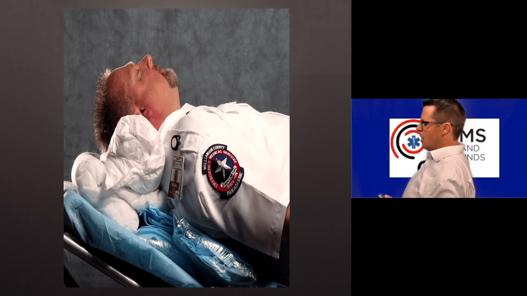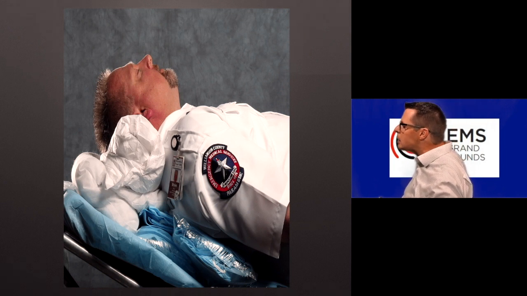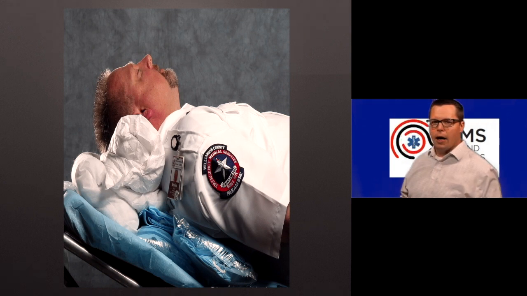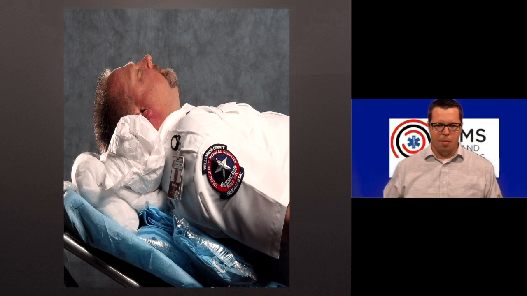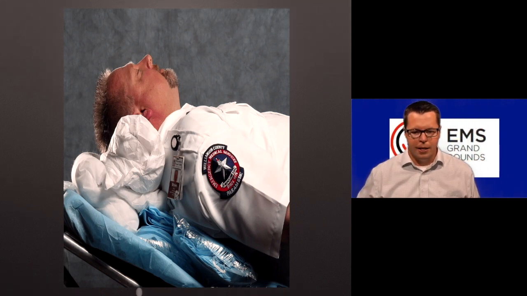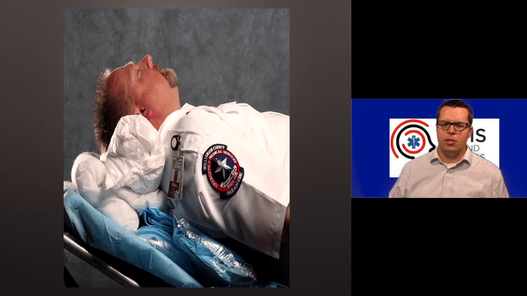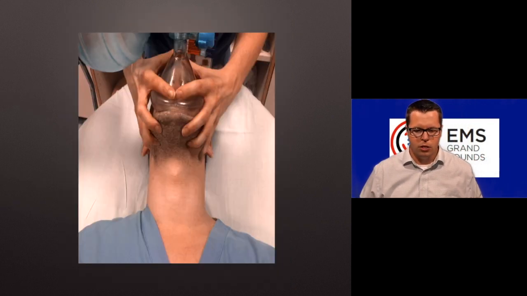Sniffing position is head translated forward with the chin kind of out like that. Like this gentleman is doing here, and that may require a ramp back behind it. But good patient positioning is super essential, especially when you're using the bag, if you don't have the patient intubated yet, but it's good practice for basically all the other situations as well.